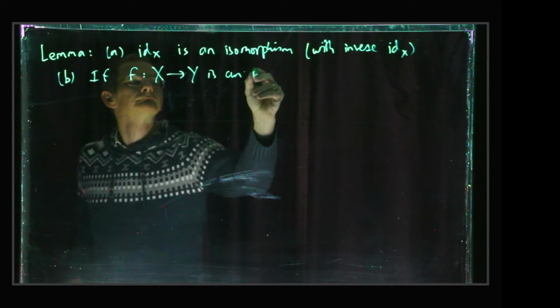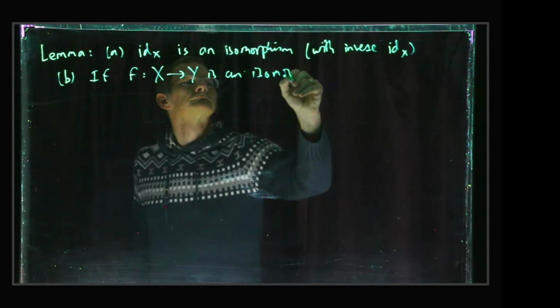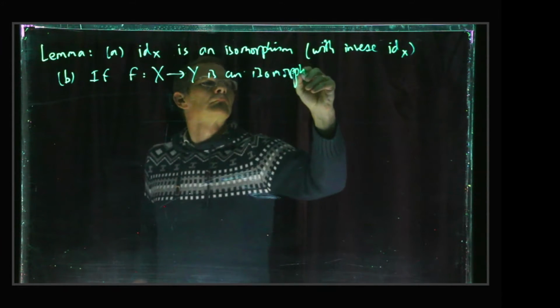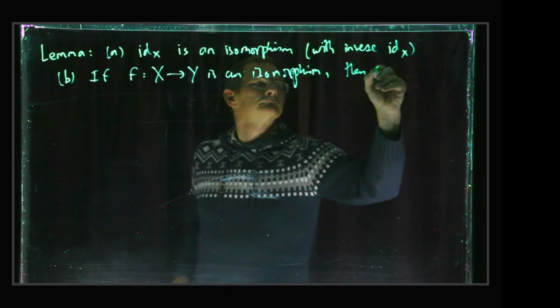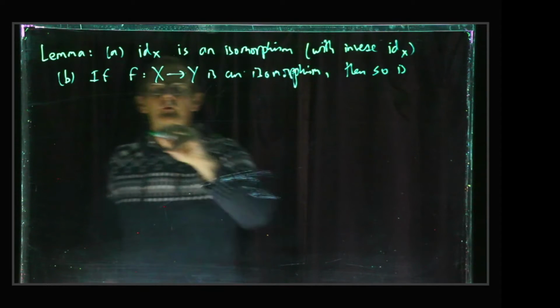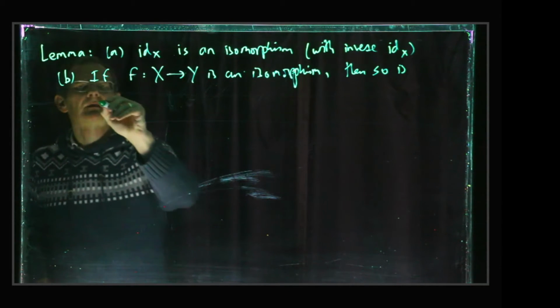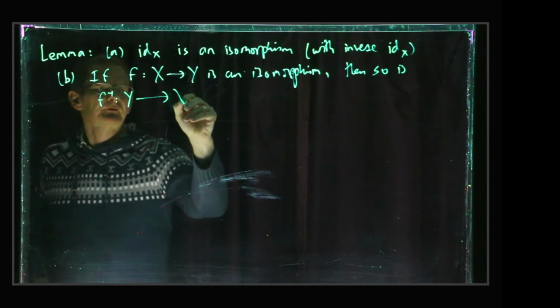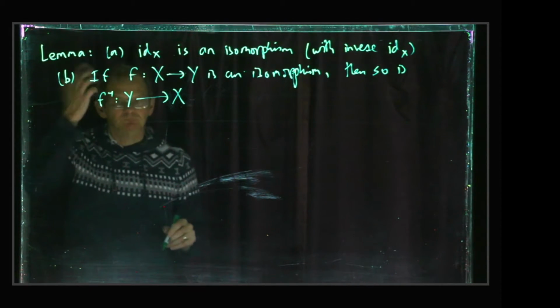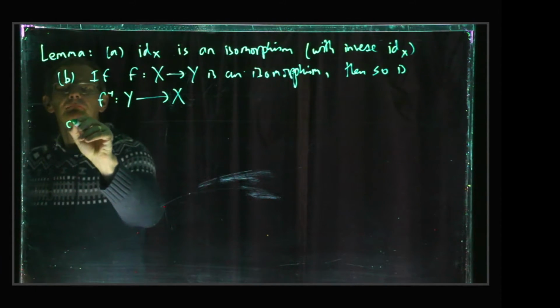Secondly, if F is an isomorphism from X to Y, then so is the inverse map F inverse from Y to X. We've actually remarked that already.